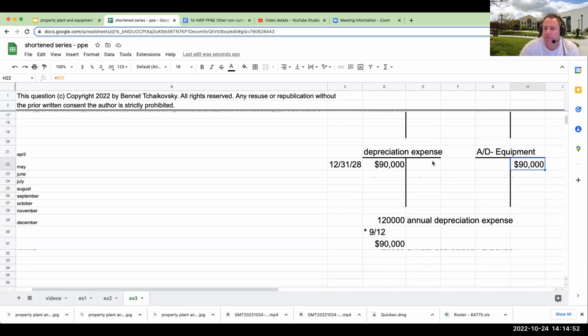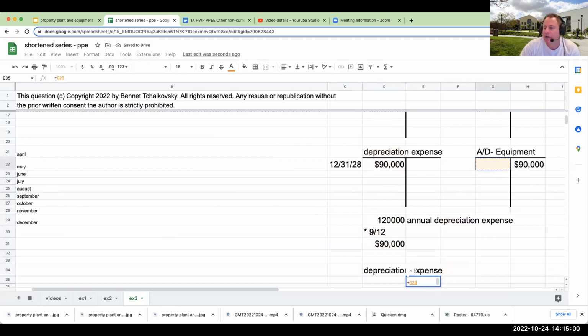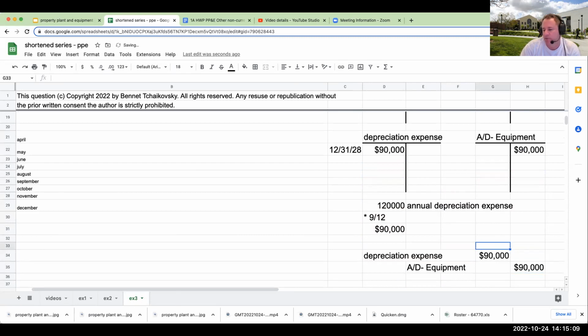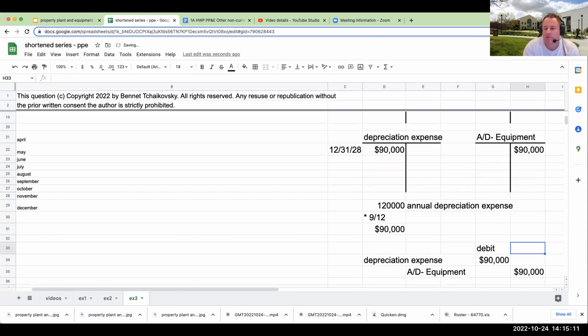Now, if I'm being asked to do a journal entry, I can simply say I'm debiting depreciation expense and crediting accumulated depreciation on equipment, and this is going to be 90,000 and 90,000. This will be as of 12/31/28.